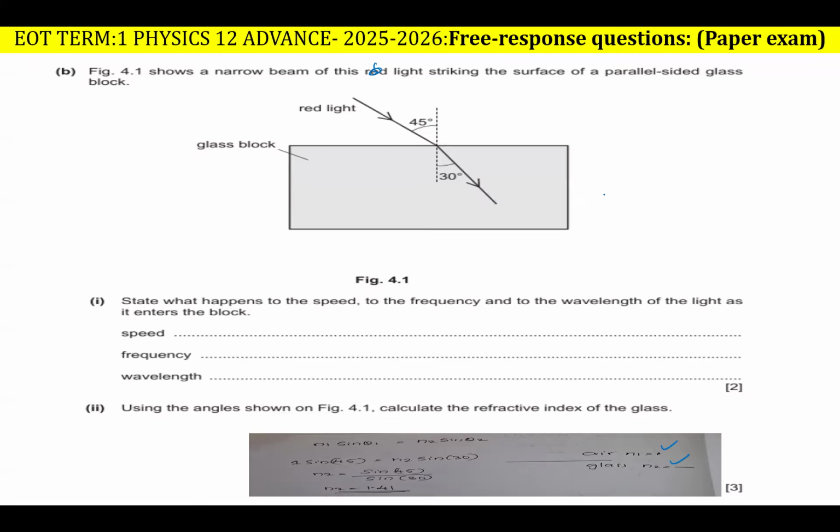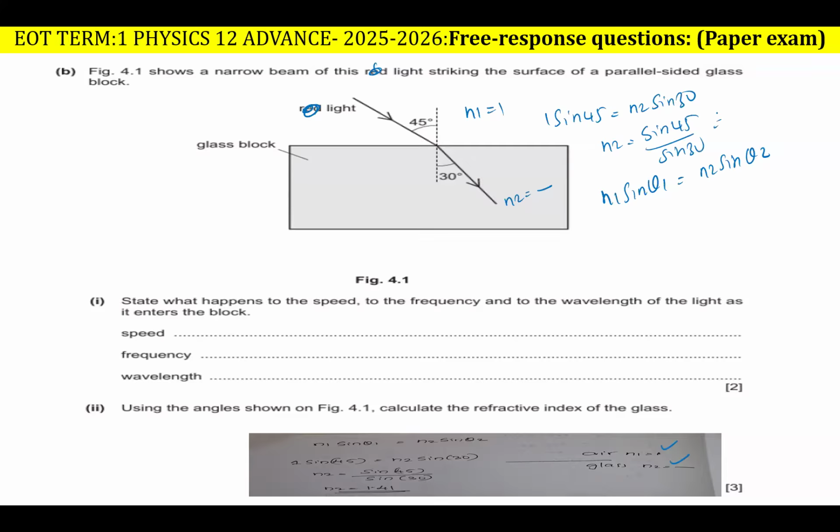So with the same equation, n1 sine theta 1 equals n2 sine theta 2, n1 is equal to 1 and n2 is what we need to find. So 1 times sine 45 equals n2 times sine 30. So n2 equals sine 45 divided by sine 30.